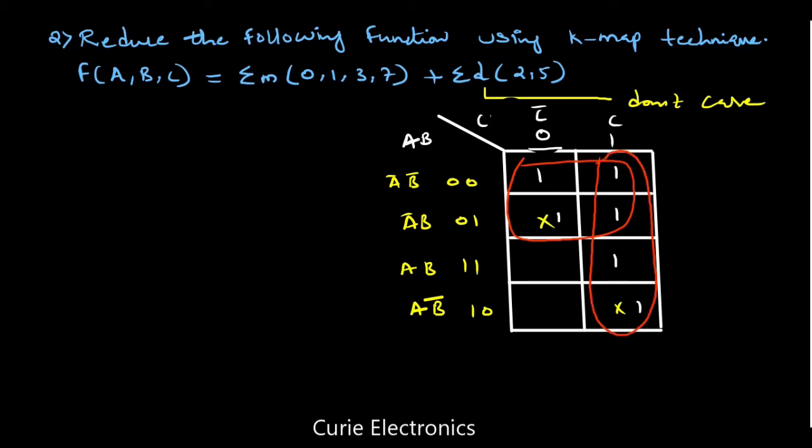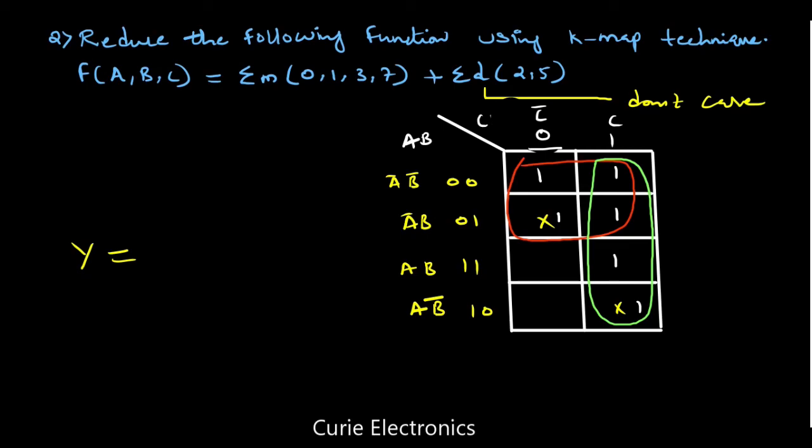Because this don't care, if I make it 1, it is helping to reduce the number of variables. That means number of gates are reducing, number of inputs of the gates are reducing. So here let me write the output, Y equals first the red color group, that is A bar.